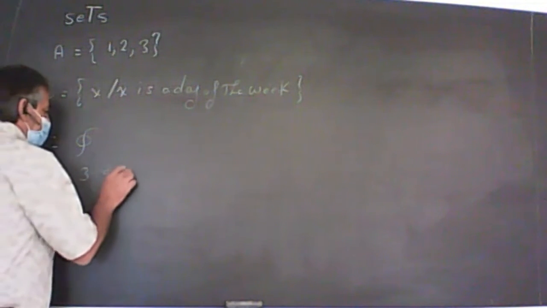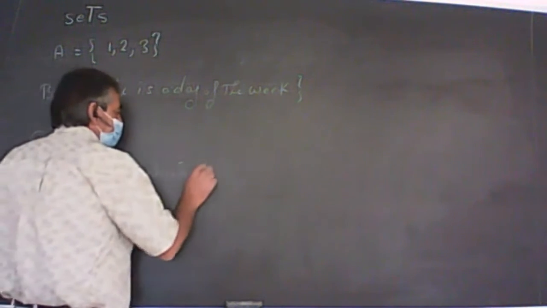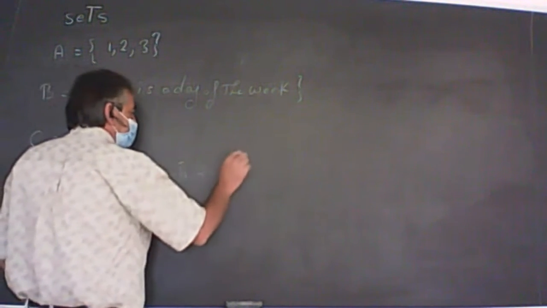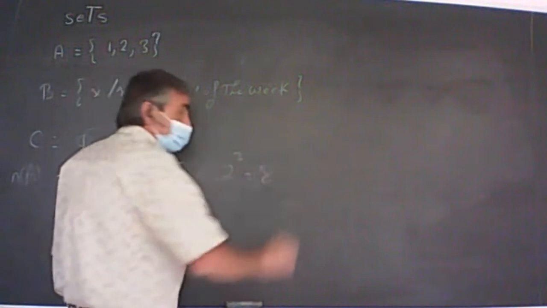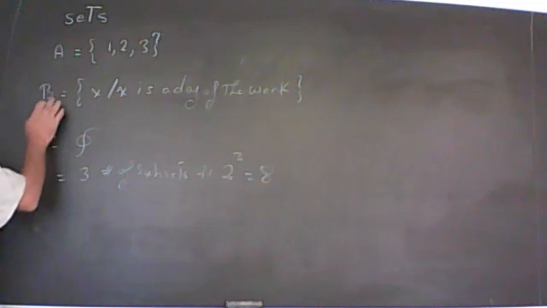The number of subsets is 2 to the power 3, which is equal to 8. The proper subsets are 7. One less.